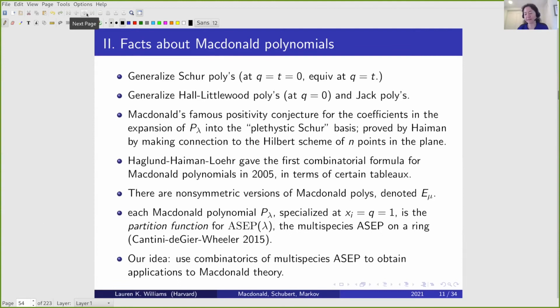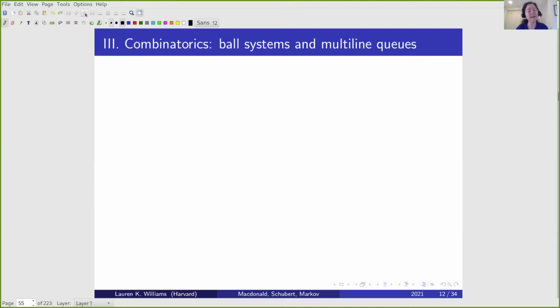So when Corteel, Mandelshtam, and I saw this, we decided we would try to use the combinatorics of multi-species ASEP to try to understand Macdonald polynomials better. So that was the impetus for our work. And so now I want to tell you about the combinatorics of the multi-species ASEP.